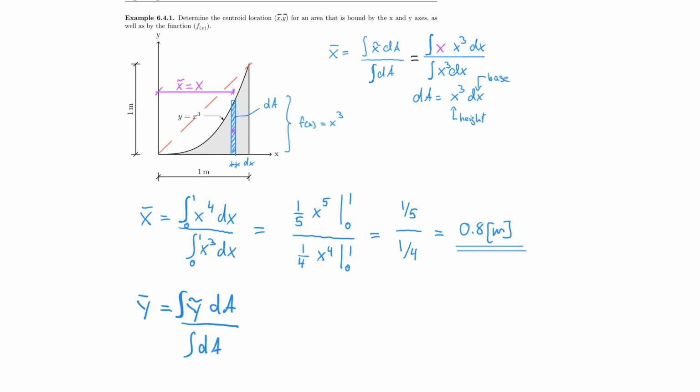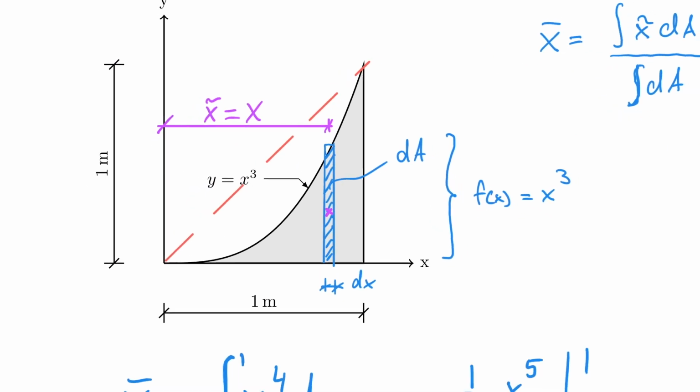Let's analyze that real quick, and it's probably best to look at this picture here. What is y tilde? Y tilde is the distance between the centroid location and the origin of the coordinate system. So that would be this distance here, and that would be y tilde, which is equal to 1/2 f of x, which is x to the 3, right? So that is my distance here.